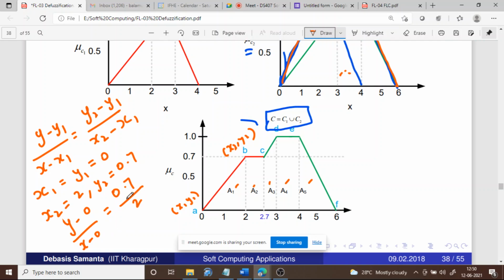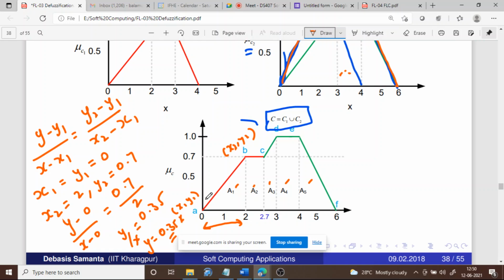What you get is 0.7 by 2, so y by x is 0.35. So y is equal to 0.35 into x. Any value of x between 0 to 2, the y value will be nothing but 0.35 into x. That is how we got this.